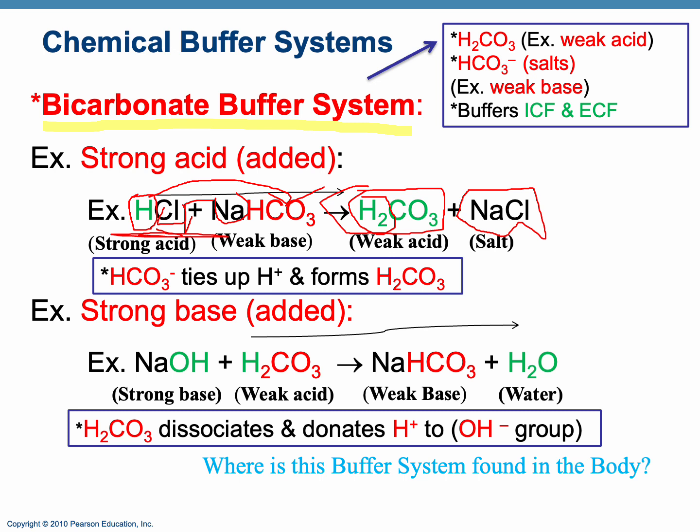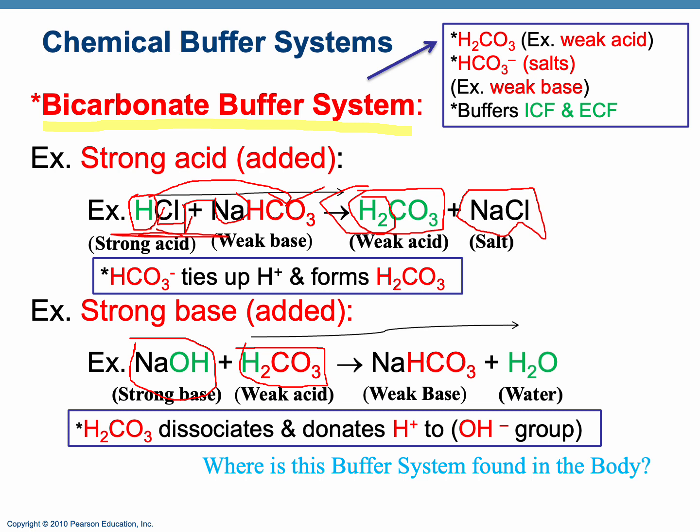The bottom example here, where we have a strong base being added to the body. Our strong base example here is our sodium hydroxide, NaOH. And our weak acid here, H2CO3, carbonic acid. So what will happen, because acids donate hydrogen ions, not all the hydrogen ions will break off.